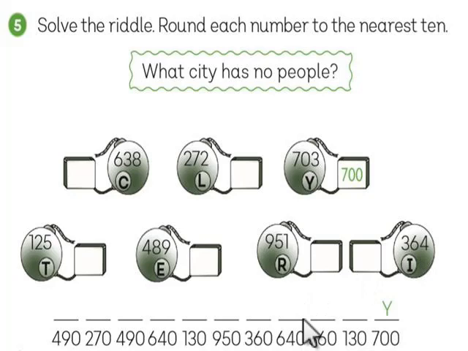Here 360 is letter I. So find 360. I. Okay? I and I. So complete the word using C, L, Y, T, E, R, I. So what is the missing word here? That is the answer. Did you get it?